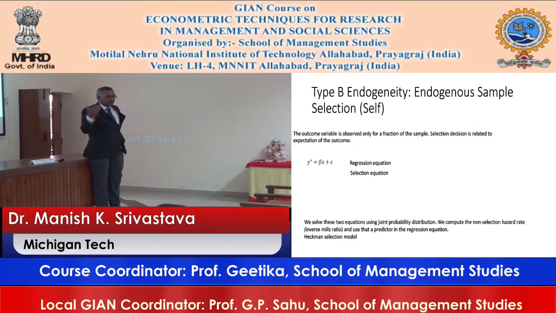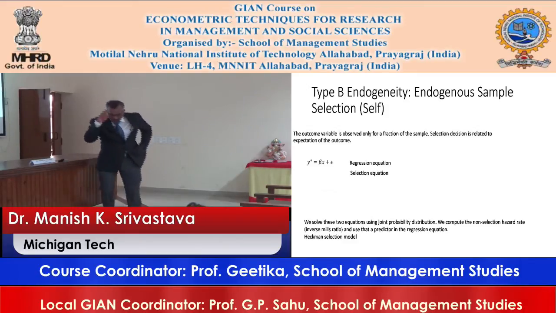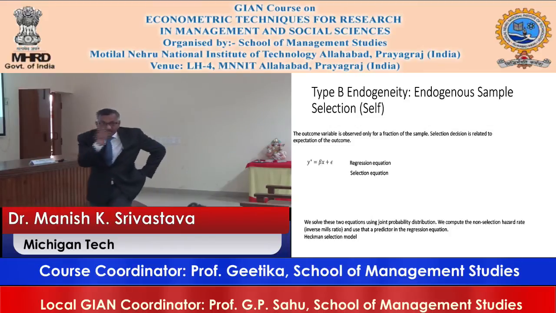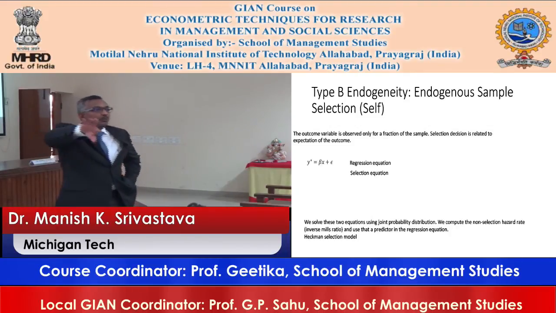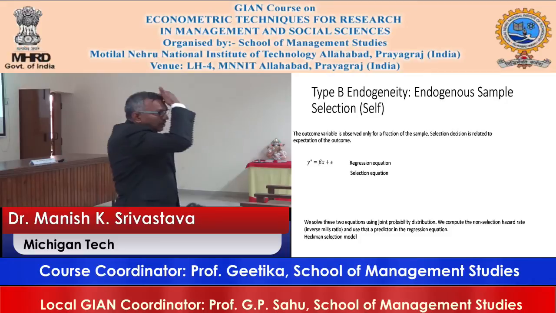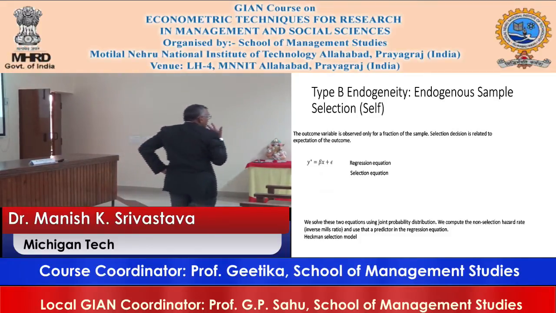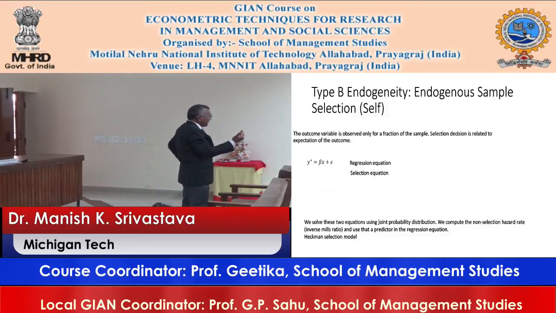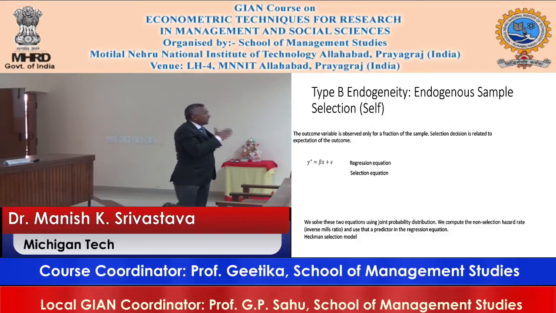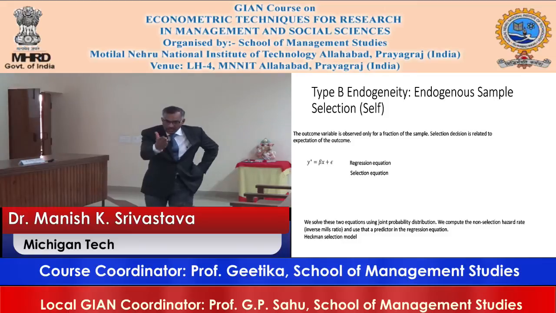So there we are treating y as a latent variable. There is a part of y below that level, which we are calling the threshold level, where people are choosing not to participate. So D becomes the dichotomous variable, or what we call a choice variable. The choice variable is that people are choosing to be in or out.